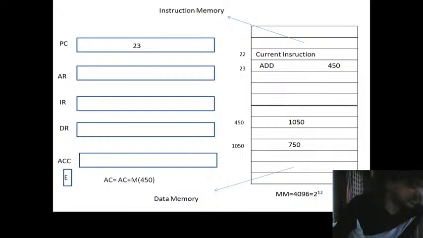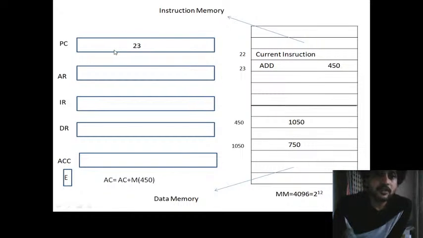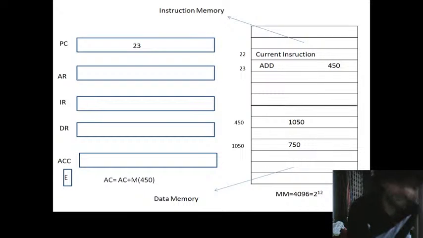Fine. Okay, now instruction register is holding the current instruction which is available in 22. The next instruction is held by program counter. Let us say that the current instruction is executed. I did not come to that level.